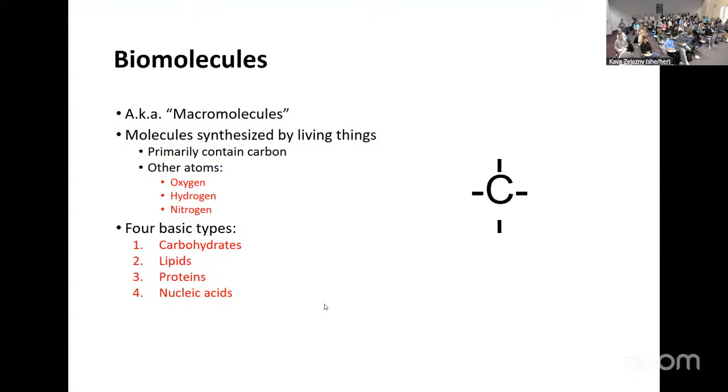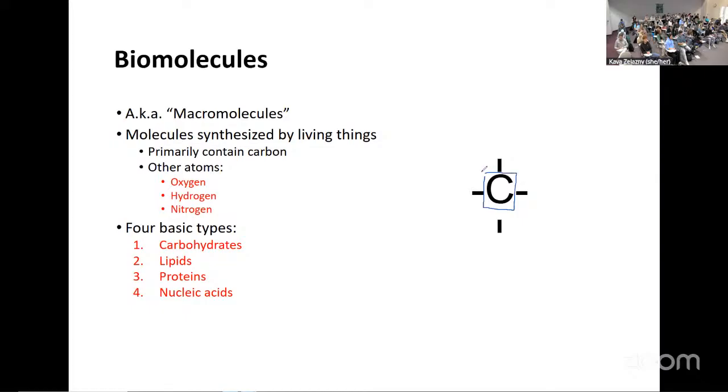So when we're thinking about biomolecules, you may also have referred to them as macromolecules because they're generally kind of big. We're thinking about molecules that are biologically synthesized, so made by living things. So they have some things in common. One particularly noticeable thing in our biomolecules is that they have carbon in them, right?